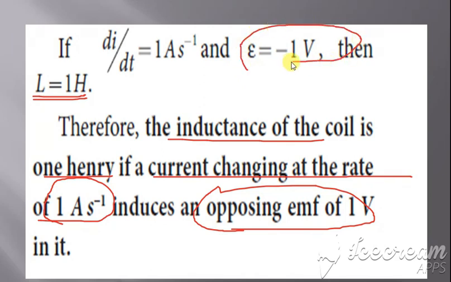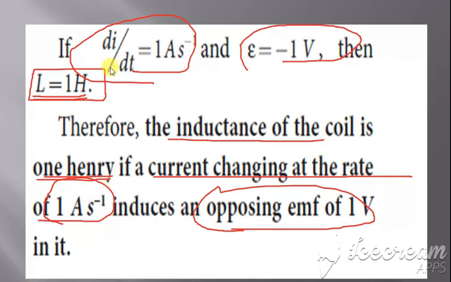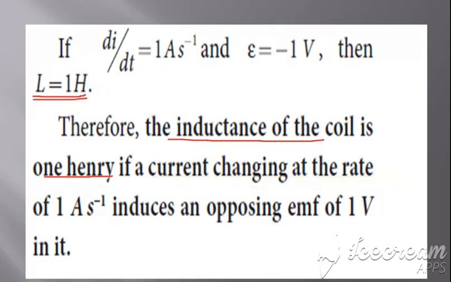So inductance is 1 Henry when current changes at the rate of 1 ampere per second, with an opposing EMF of 1 volt. Okay, clear. So this is all about the inductance and the self inductance of the coil.